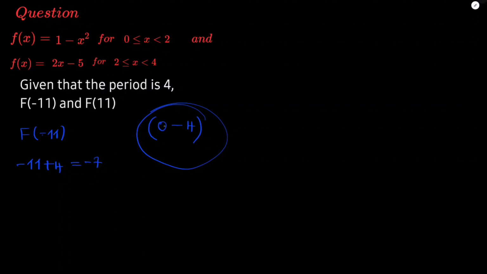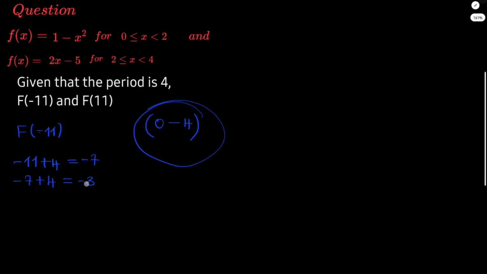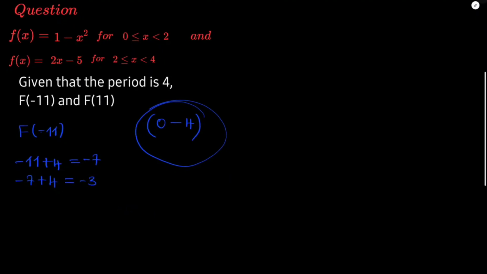No, minus 7 is below 0, so it is not in our range. So we add 4 again. Minus 7 plus 4 is going to give us minus 3.